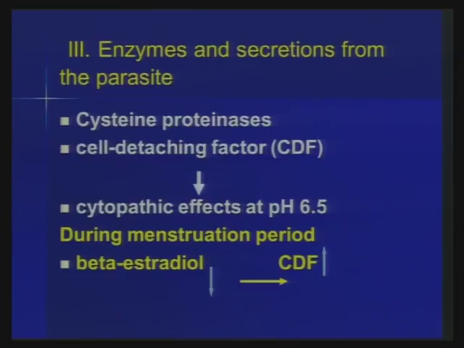This is a reason when they explain why symptoms are more. The symptoms are more during the menstruation period of the women because the beta estradiol decreases at that time. So once the beta estradiol decreases, the CDF or cell detaching factor increases. I mean it functions more and more during the menstruation period.